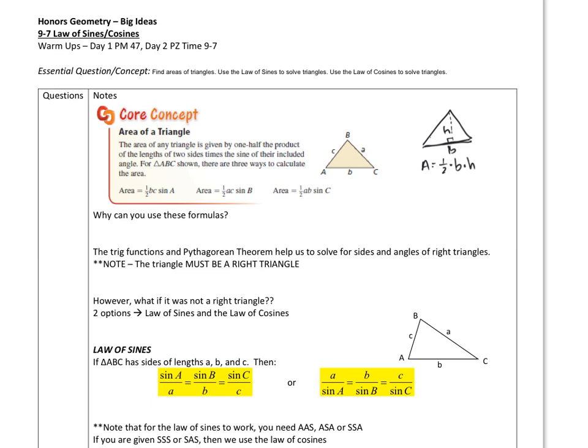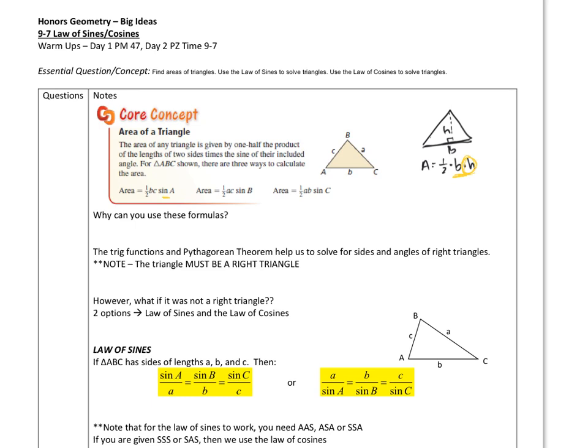So what you needed to know to be able to solve this is you had to have the height, and you had to have a base. But suppose you didn't have any of that. Well, we can solve this through sine.